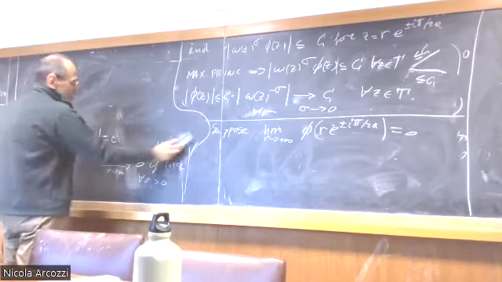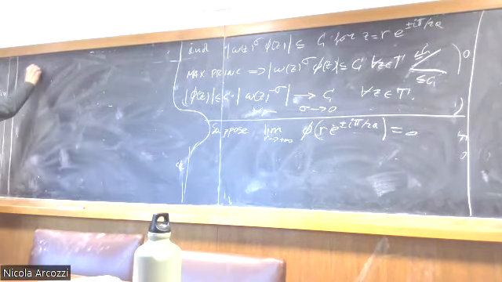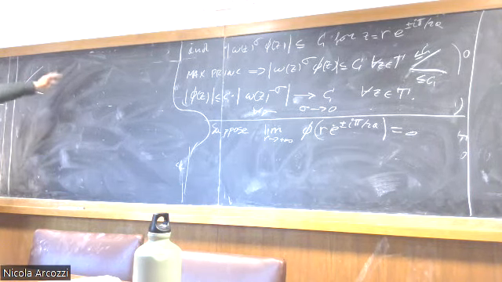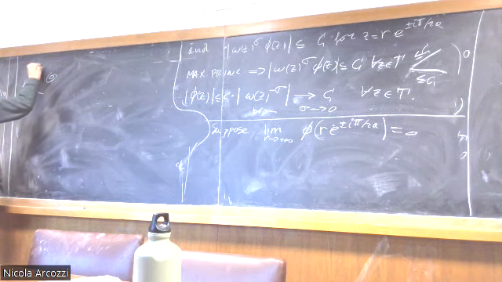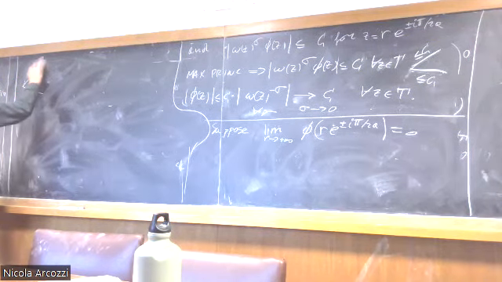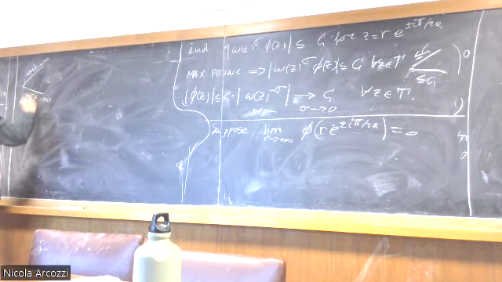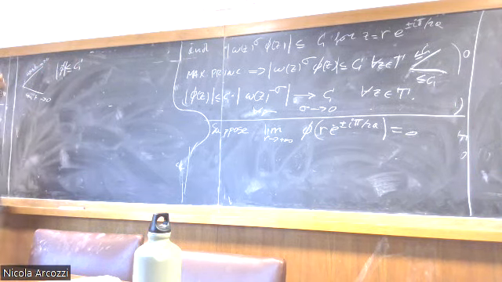So it means that our function phi is 0 at infinity, and it is continuous on the boundary, and it goes to 0 at infinity, and it is bounded.